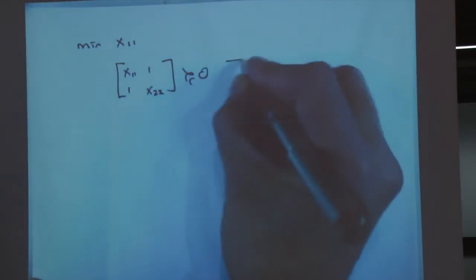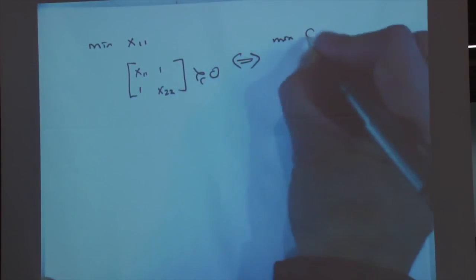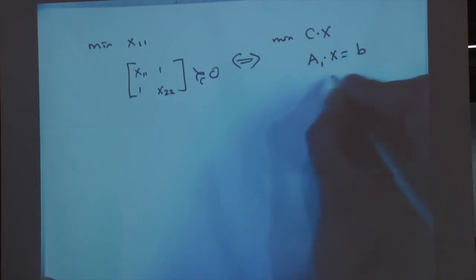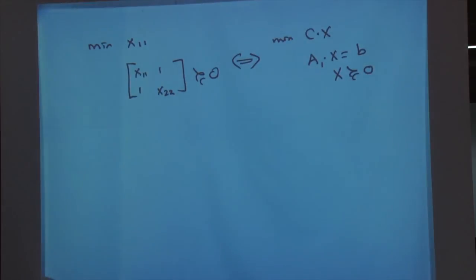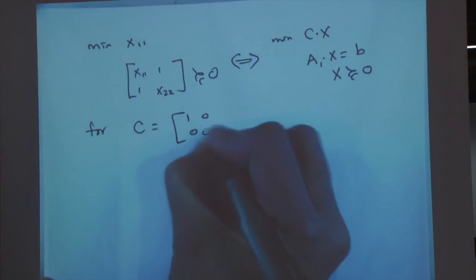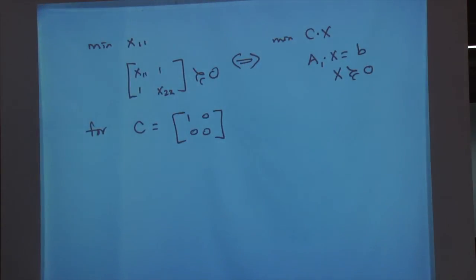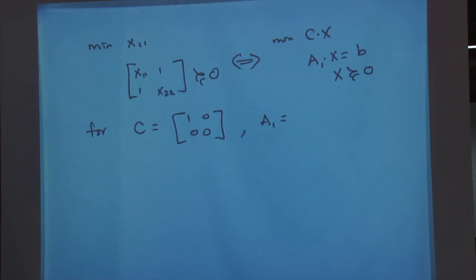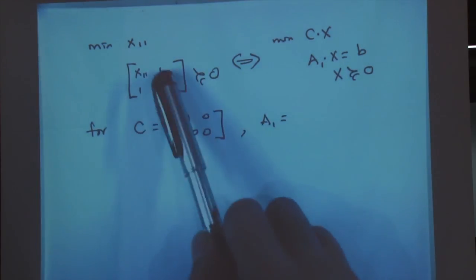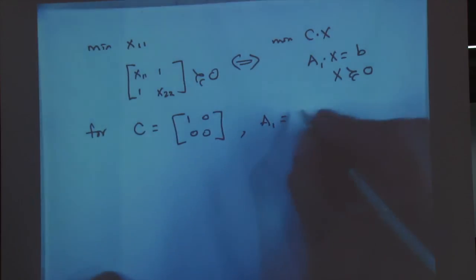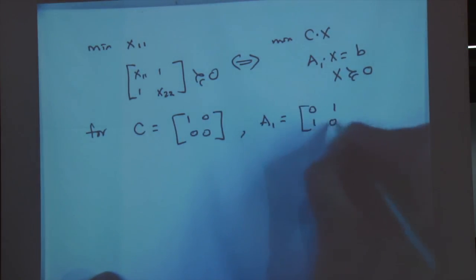Again, this is the same as minimize Cx, subject to A1x equal to b, X positive semi-definite, for C equal to 1, 0, 0, 0, so that my objective is the 1, 1 entry. And I should pick A1 so that the off-diagonal elements are forced to be 1.